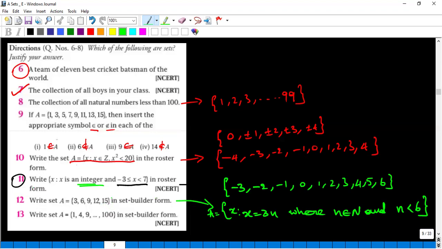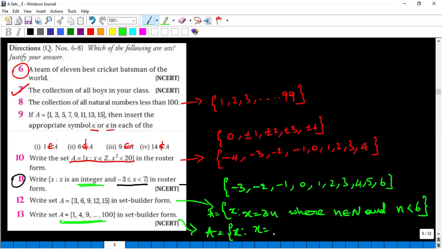Let's see one more example. Write the following set in set builder form. A, x such that x is equal to, observe the pattern here, 1, 4, 9. 4 is 2 square, 9 is 3 square, 100 is 10 square, 1 is 1 square.